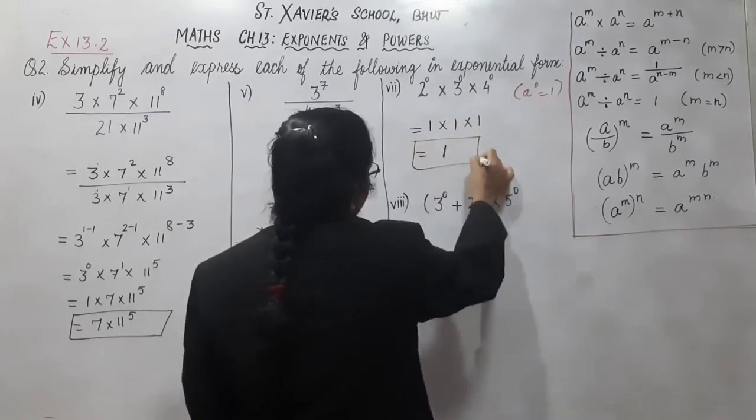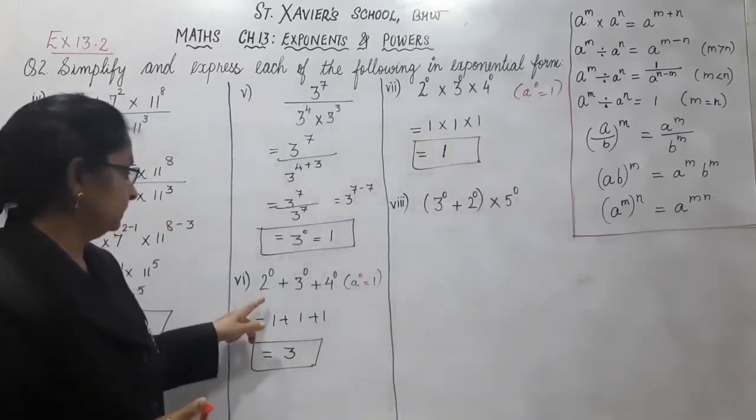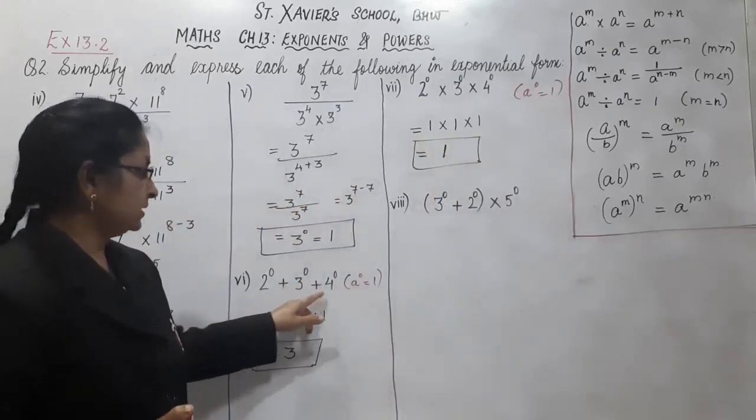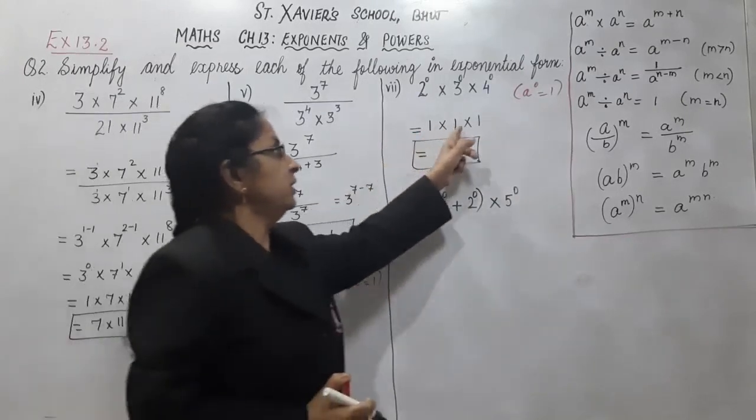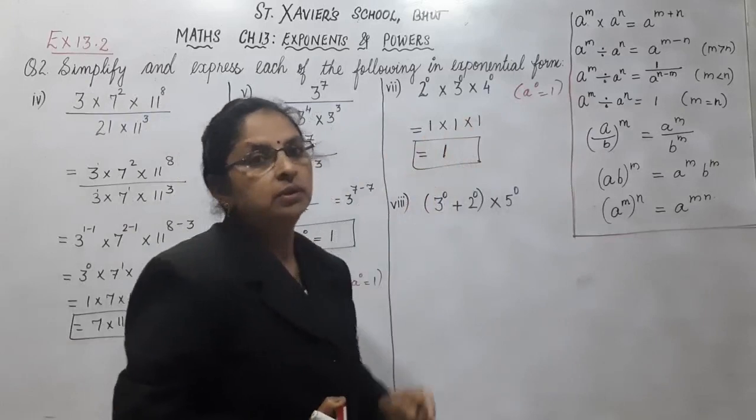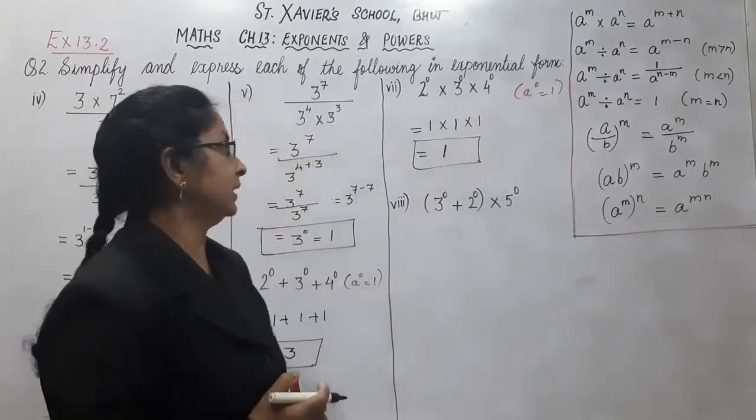So the answer is 1. See the difference here? Plus sign is there in between. So 1 plus 1 plus 1 is 3. But here 1 into 1 into 1 is 1. So you have to be very careful about the sign.